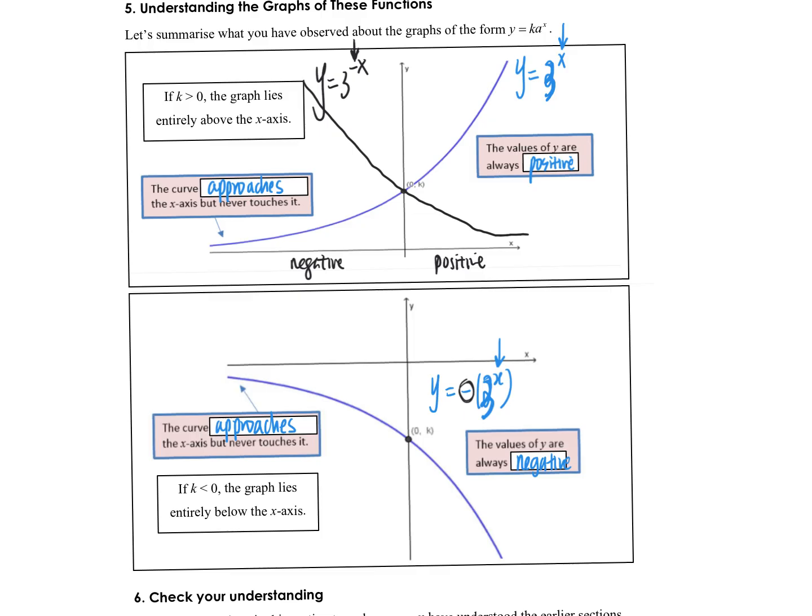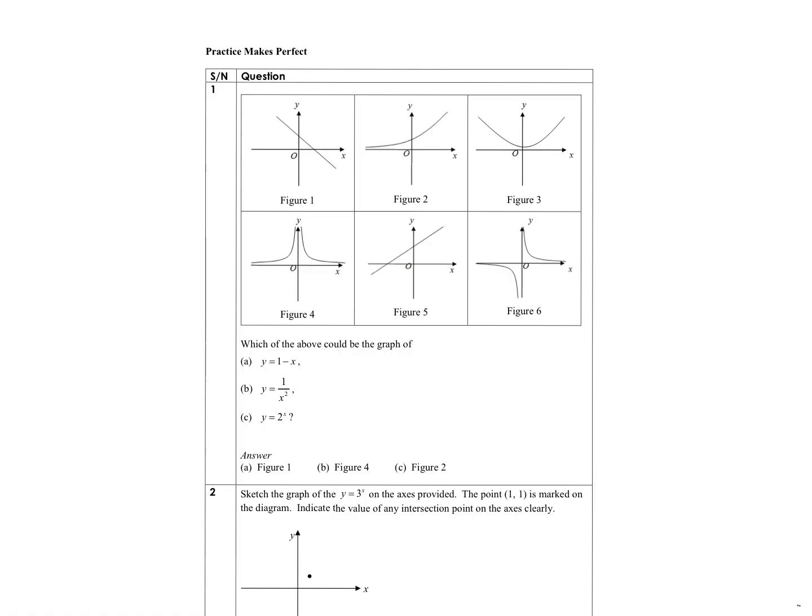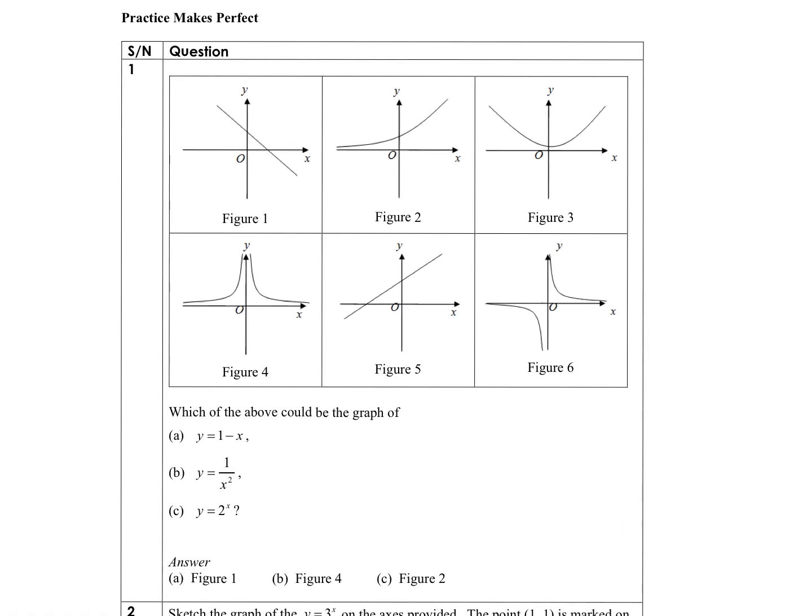That one is x squared, 1 over x squared, right? So this one is just memorizing the shape, nothing very extensive.